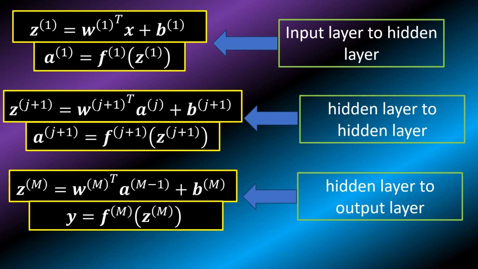So here's a summary of all of the equations. When you have an input layer to the hidden layer, you have these equations. When you have a hidden layer to a hidden layer, you have these equations. And when you have the connection between a hidden layer to the output layer, you have these equations. These are just the equations describing the connections between the layers.